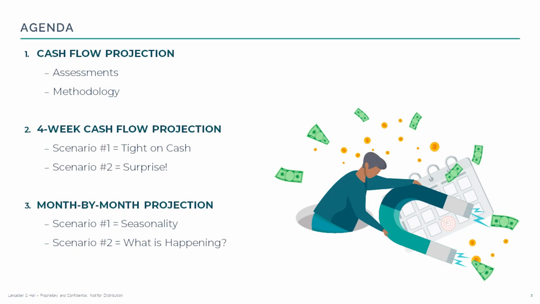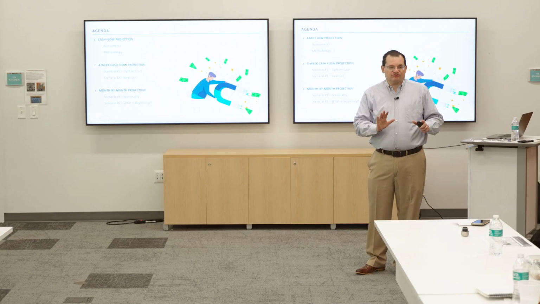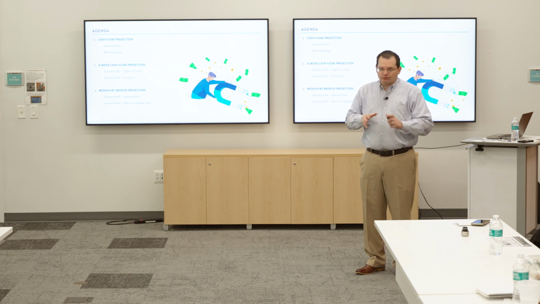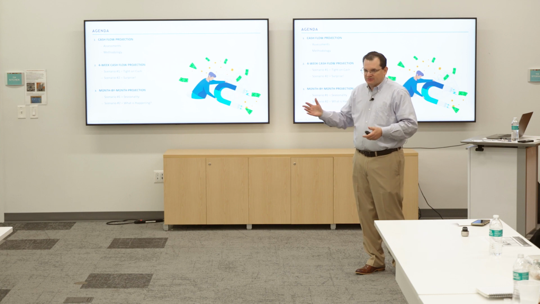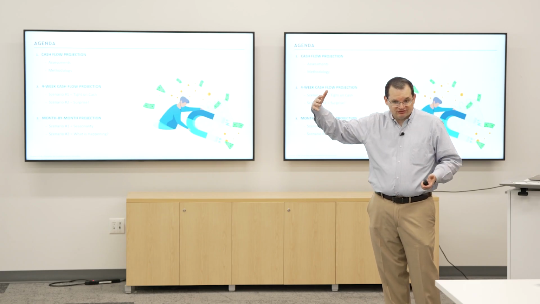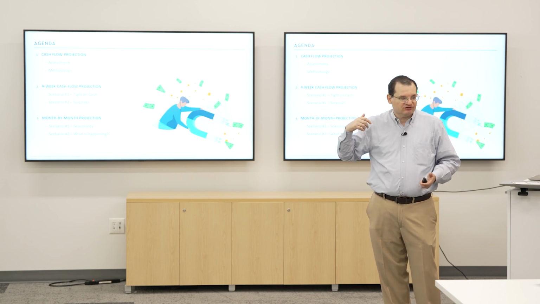The other thing we're going to talk about is methodology. There's actually more than one way to skin this cat. What we're going to do today for the practical exercise is create a really simple business with really simple cash flow, so we can get through this in the amount of time that we have. For bigger businesses, and probably yours will be bigger than what we show here, there's some complexity to it.